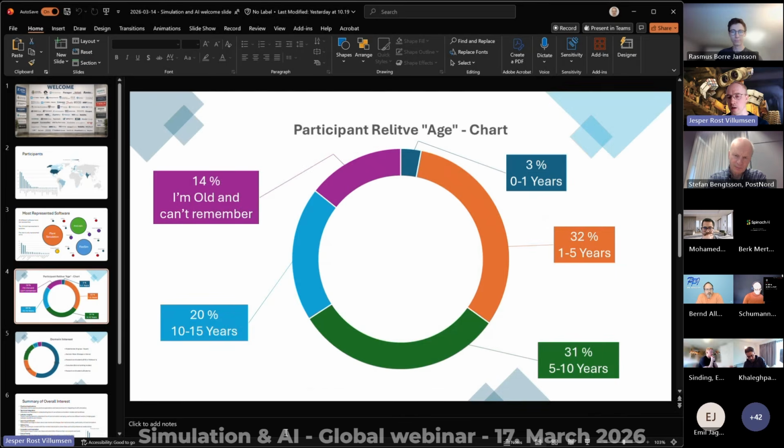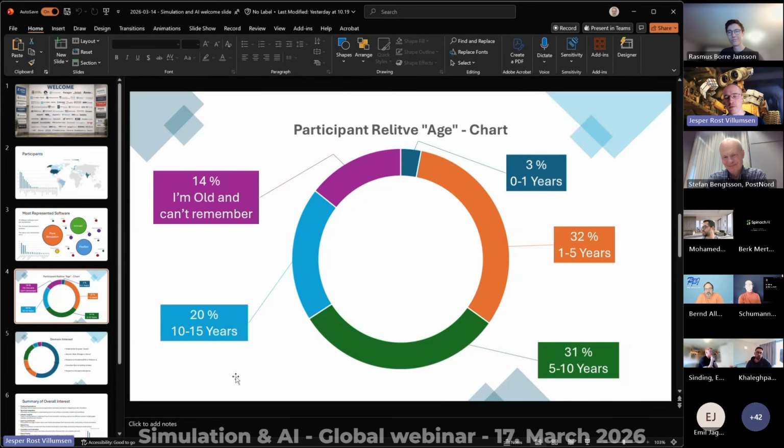Who are we then in the call, or at least what is our relative age or experience, so to say? I'm super proud to see that much more than 50% has more than 5 years of experience. And notice up in this corner, I'm old and cannot remember. I've made the letters much larger than I normally would have, so people can read.